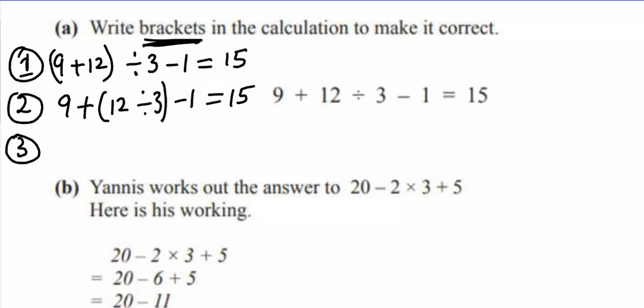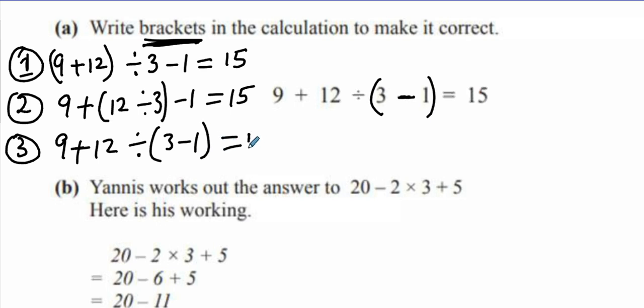Third possibility. The third possibility is when you put the subtraction sign into brackets. This will mean 9 plus 12 divided by 3 minus 1 in brackets. See if you are getting the answer equal to 15.